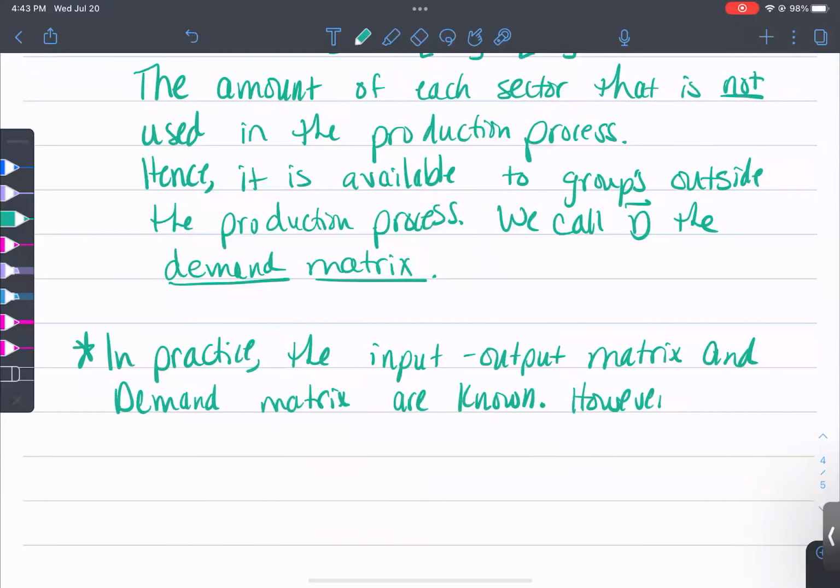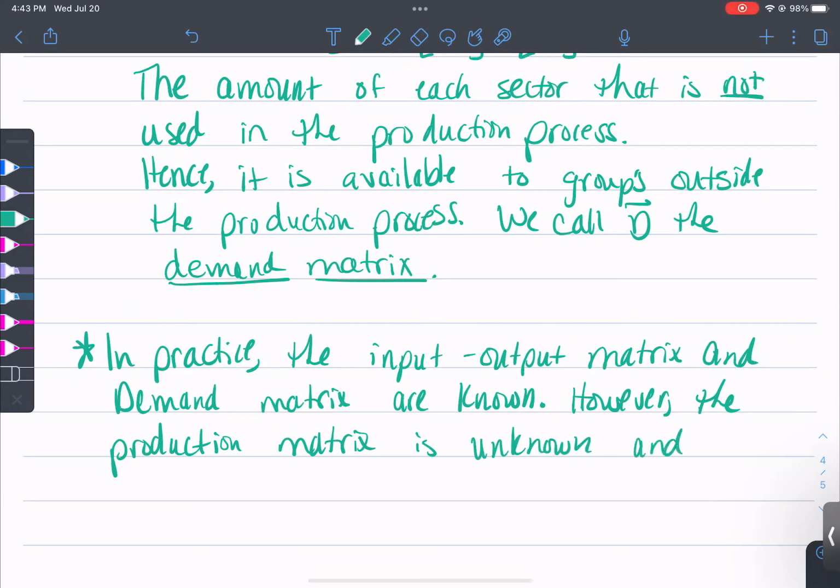However, the production matrix is unknown and needs to be found to ensure demand is met.